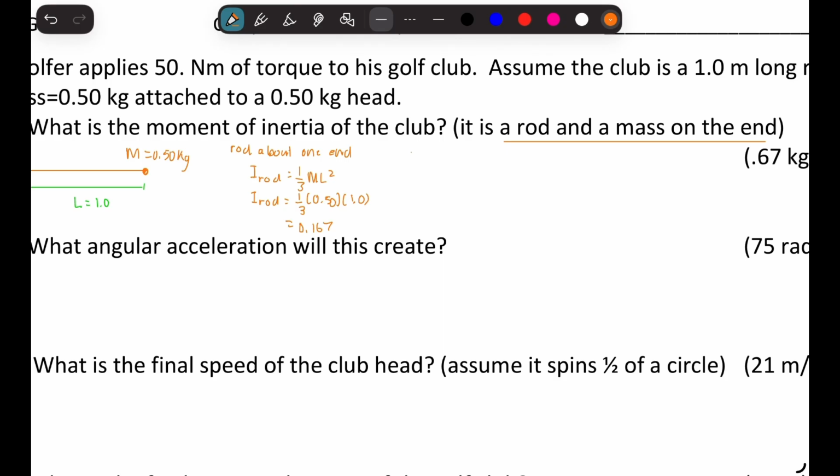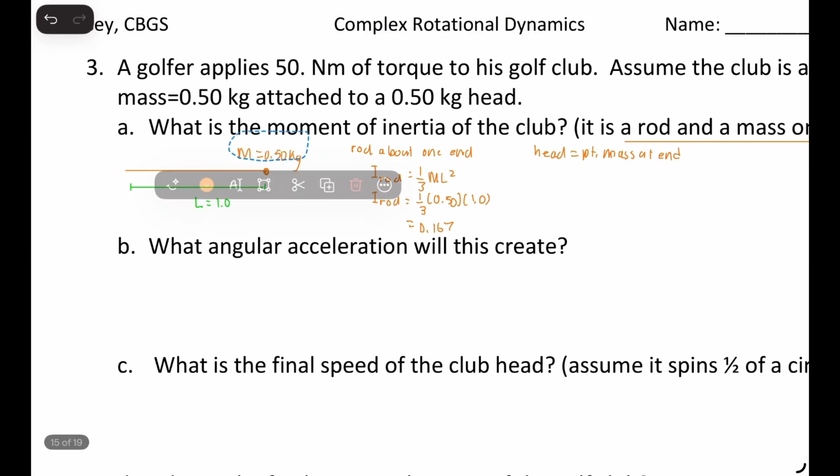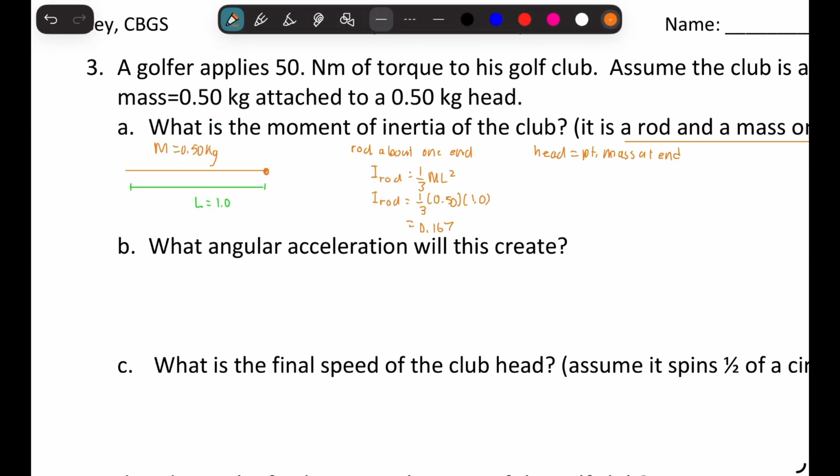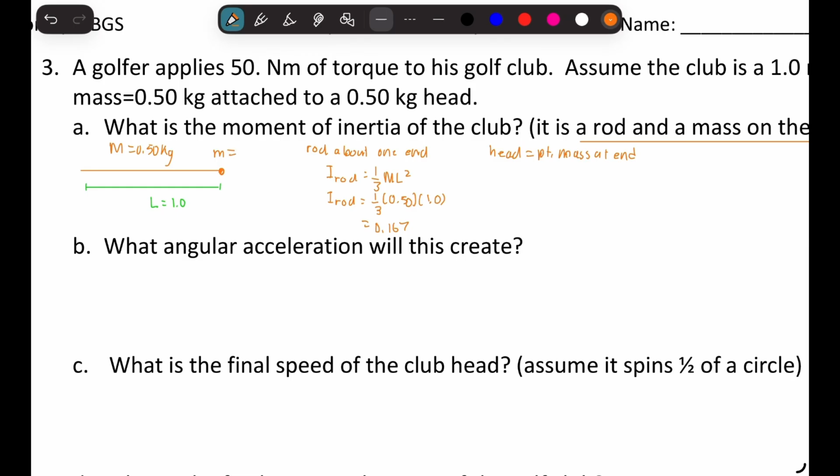Now for the head, we're going to treat it as a point mass at the end. So at the end of the rod, the mass is also going to be 0.50 kilograms.